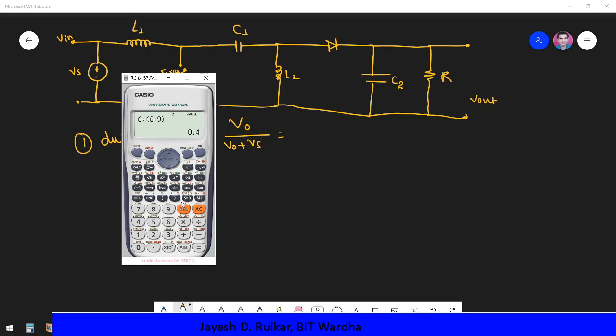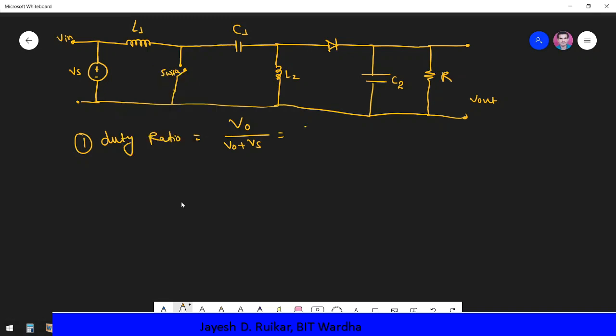So the duty ratio we got is 0.4, and the percentage is nothing but 40%. Sorry, I said 0.4%, the percentage is 40%.